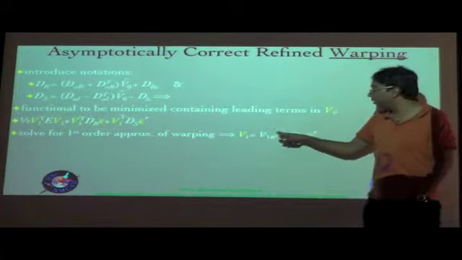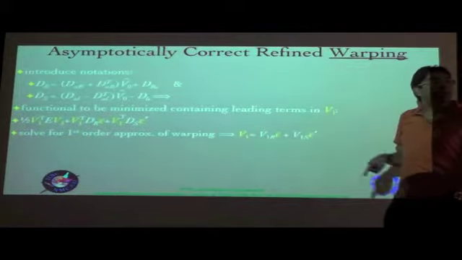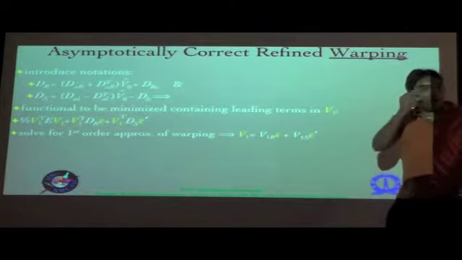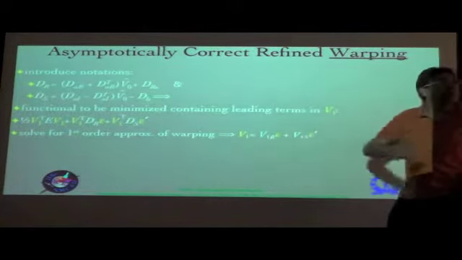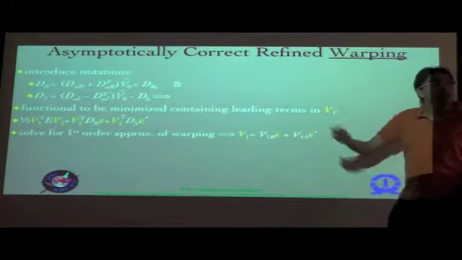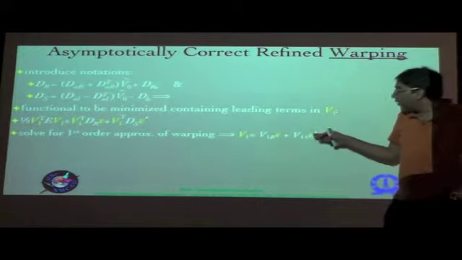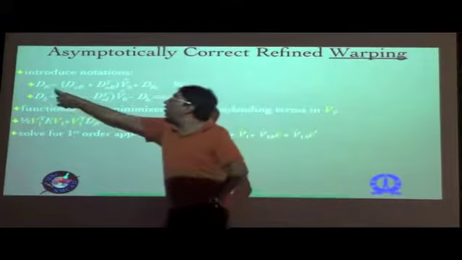There would be a term which is linear in epsilon bar, and a term which is linear in epsilon bar prime. And epsilon bar prime is the way the one-dimensional generalized strains change along the length of the beam. Of course they change along the length of the beam in general, and that's what this takes into account.